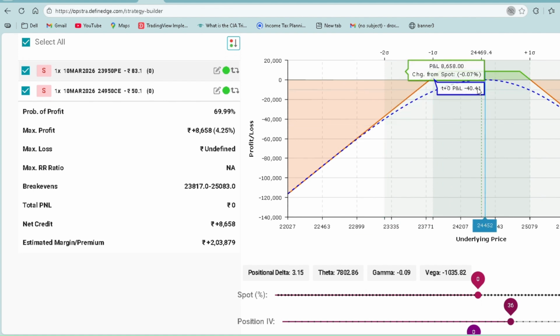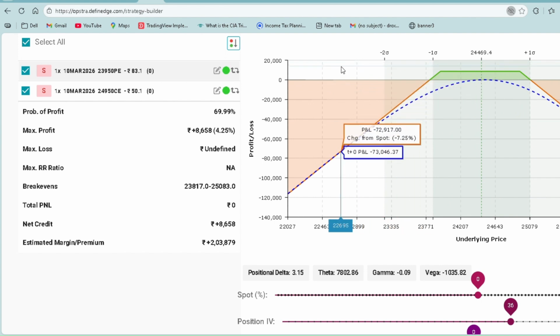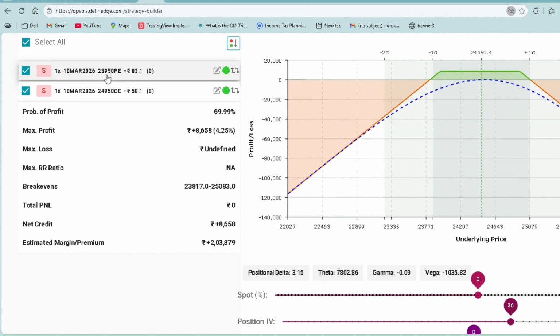Right now the market is at 24,469. In this example, we will sell the 23,950 PE, that is on the lower side, with a premium of 83.1, one lot, for the March 10 weekly expiry, and the 24,950 call, that is the upper leg, at a premium of 50.1, one lot, at the 10 March weekly expiry.